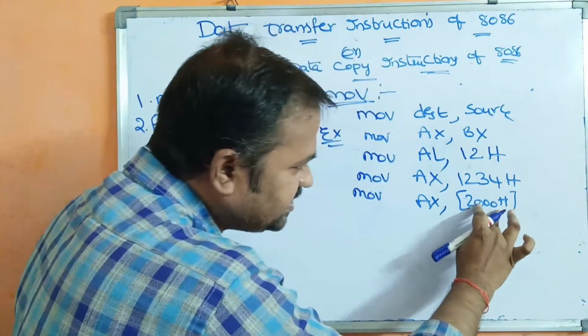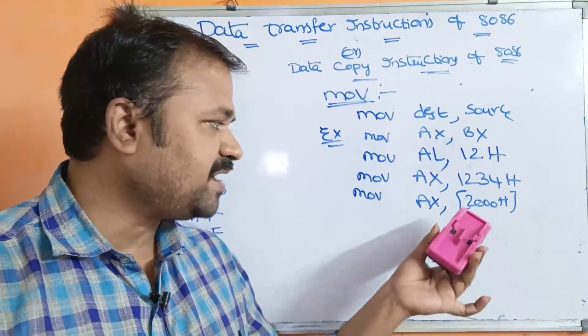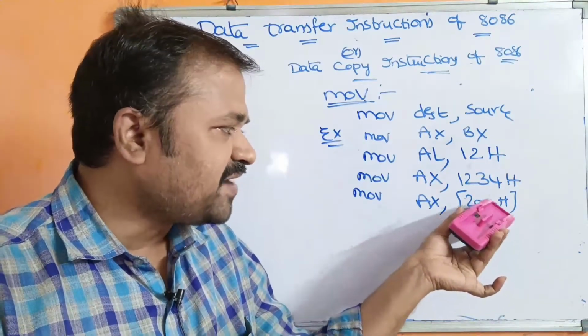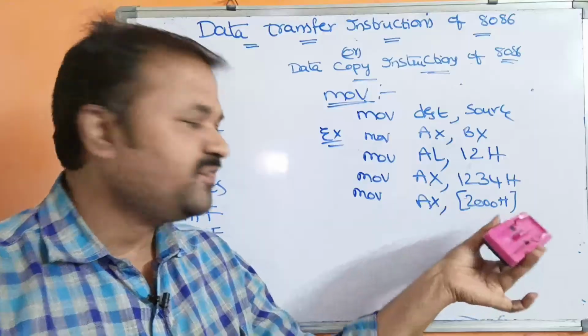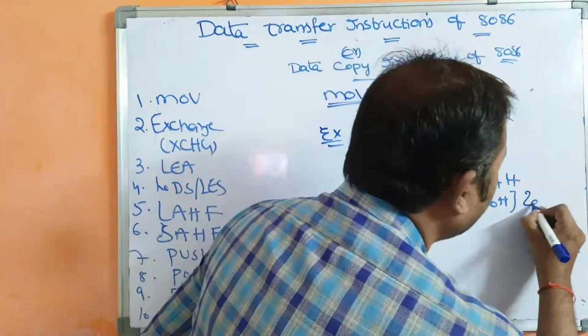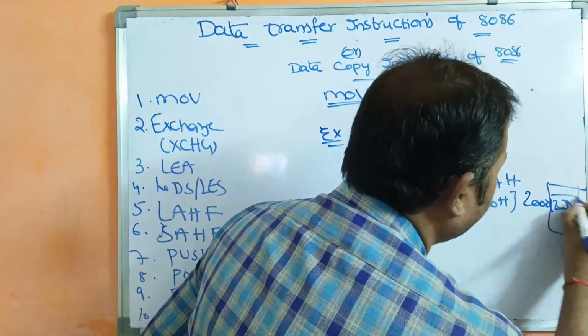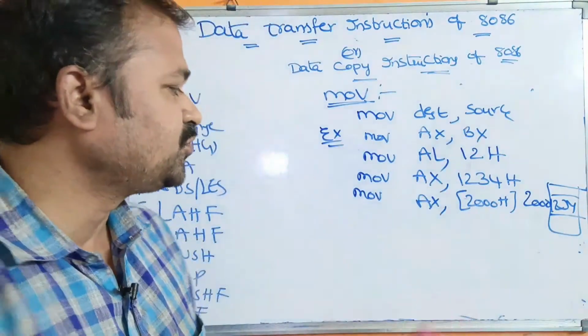Now here 2000H is specified within the square brackets. What will happen? The operand available at 2000 will be moved to the AX. Let the 2000 memory location contain the operand 1234. So now 1234 will be moved to the AX.